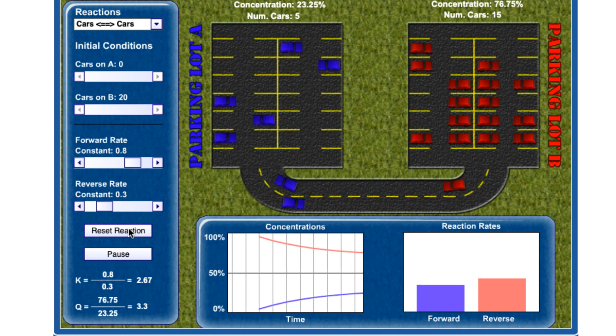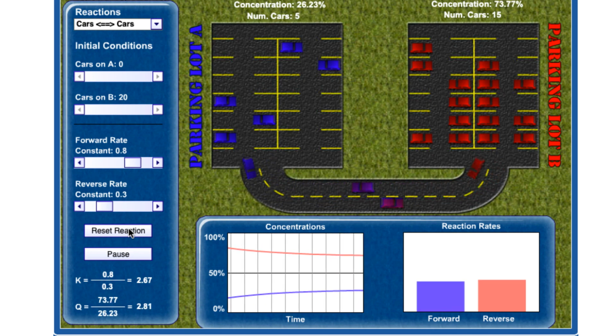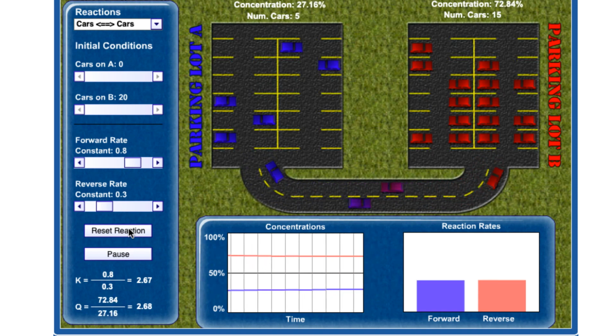In the beginning, there is no forward reaction. It's all reverse. But we end up in a place where there are 5 blue cars and 15 red cars. This is equilibrium because the forward rate is equal to the reverse rate. Notice that the concentration is not the same. The number of blue cars is smaller than the number of red cars.